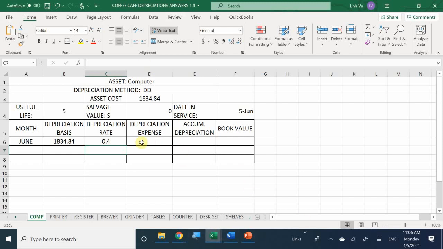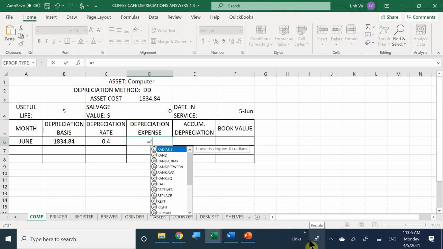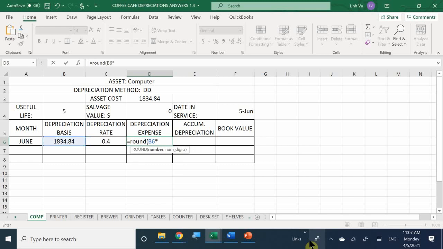What is going to be my depreciation expense? 6116.